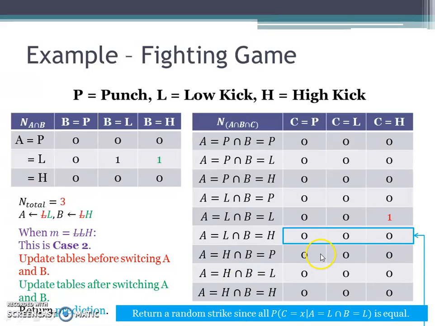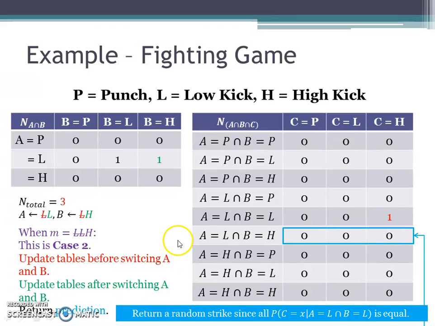And the reason is because for this case where the first and the second strike are L and H respectively, we cannot choose any strike here for our prediction because they have the same probability. So therefore in this case we return a random strike.